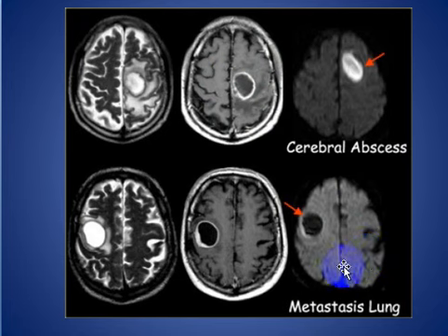And here, this is a metastasis from lung cancer, and we see the edema, as we said, and necrosis here, and there is no restriction. Restriction, as in the abscess, can also be seen in the epidermoid cyst and acute infarction.